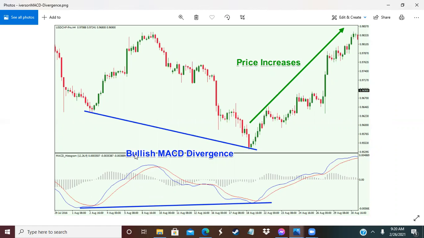So the way that it works is that the price of a stock should be moving in one direction while the MACD is moving in the opposite direction. All right. So this is the bottom of the MACD. Here's the MACD line, that blue line.